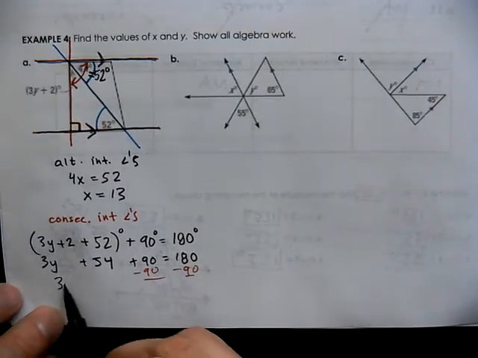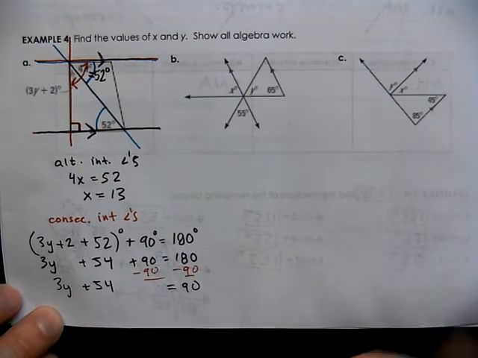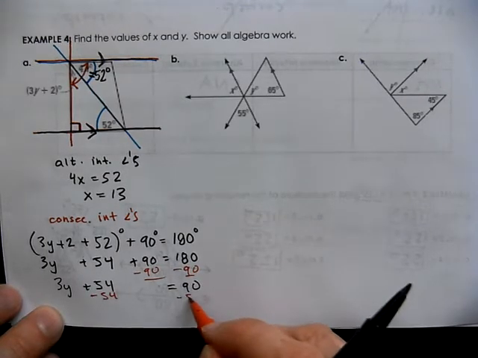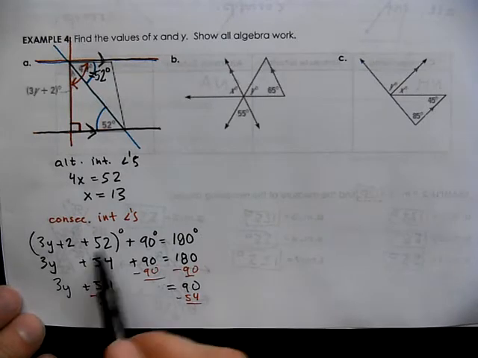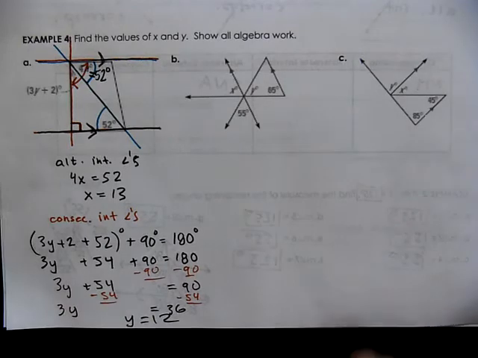And so we would have a 3y plus 54 on the left equals 90. And we still have to move all of the constant terms, so I'm subtracting 54. So I'm doing this in two steps. We could have done it in one step had we added the 54 and the 90 together a little earlier, but we end up with 3y equals 36, and that means y is 12.